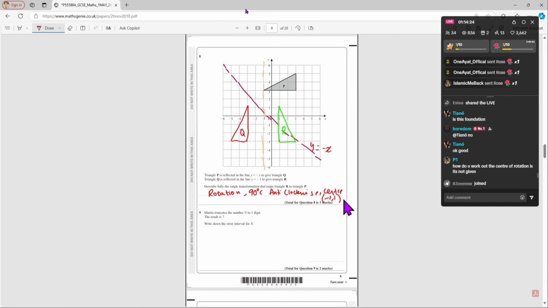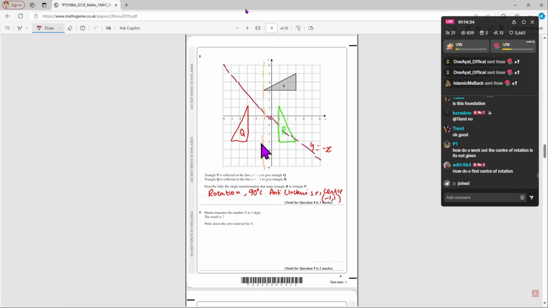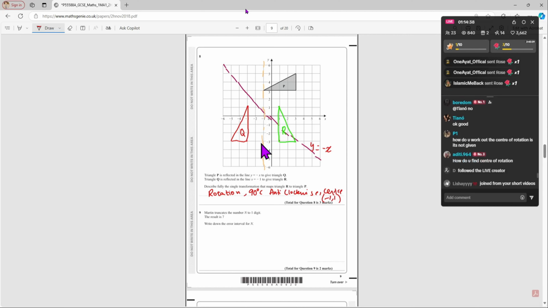How do you work it out? So we know that we're going from triangle R to triangle P. There's actually no method to work out the center of rotation. What you have to do is use a tracing paper, the kind that's see-through.